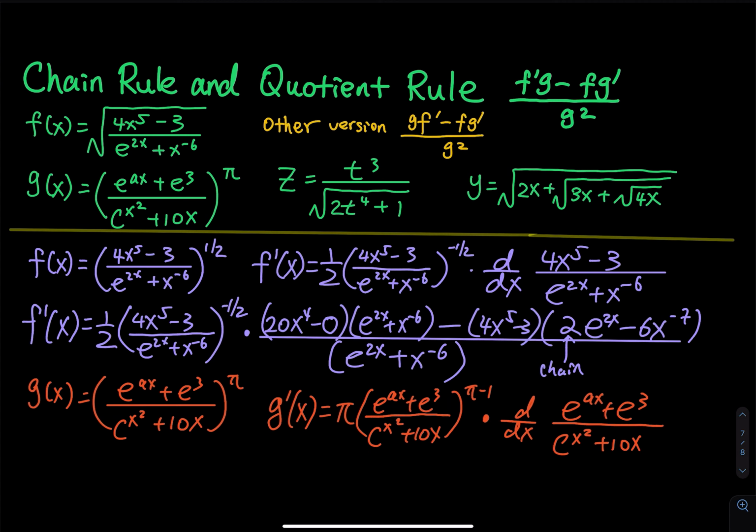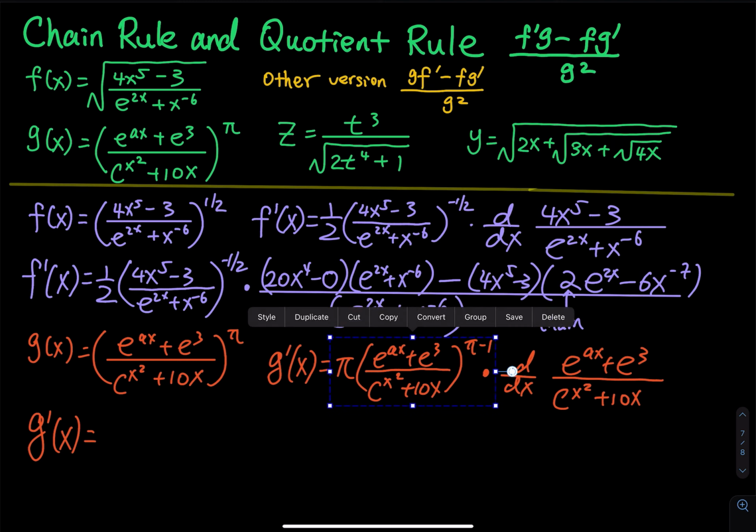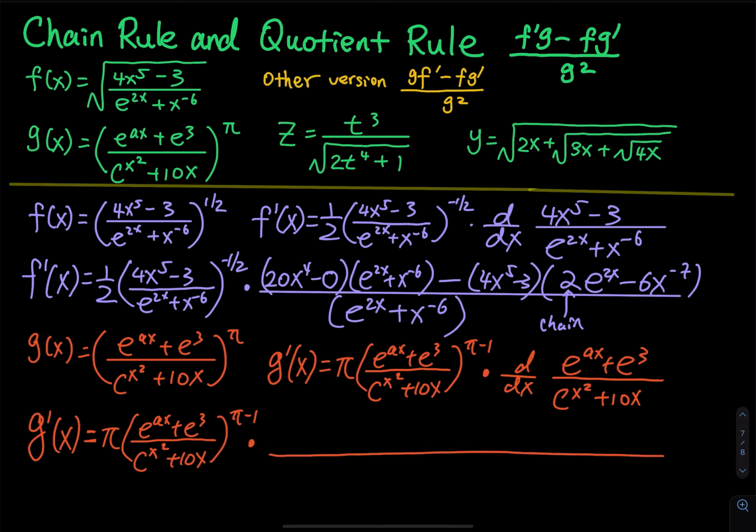All right, so let's take the derivative of the fraction using the quotient rule. So g prime, we copy this one more time, so I'm going to just copy and paste that right over here. And then we draw a long fraction bar. The denominator is c to the x squared plus 10x, and then squared.